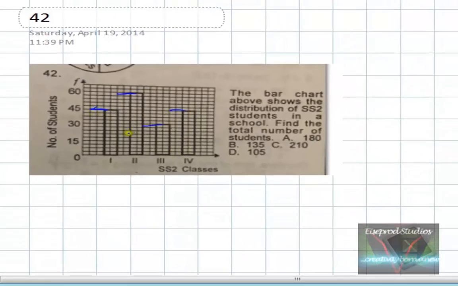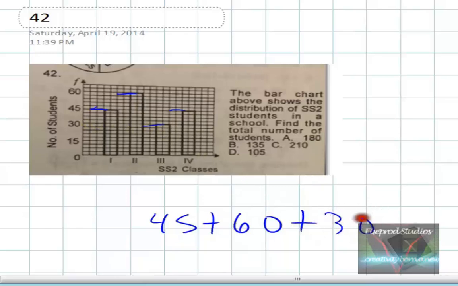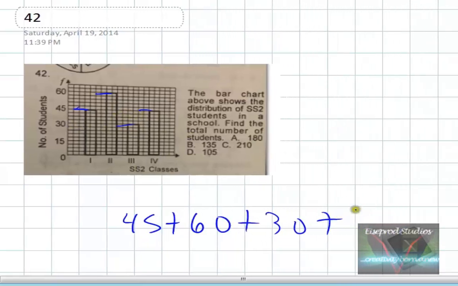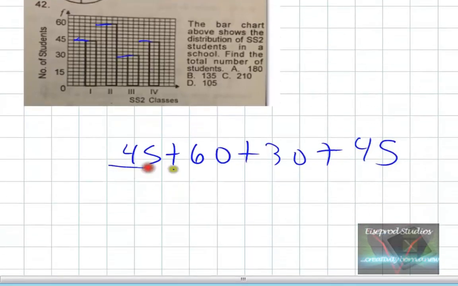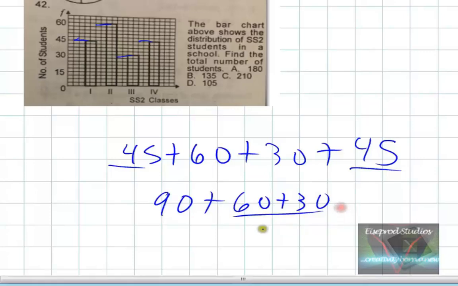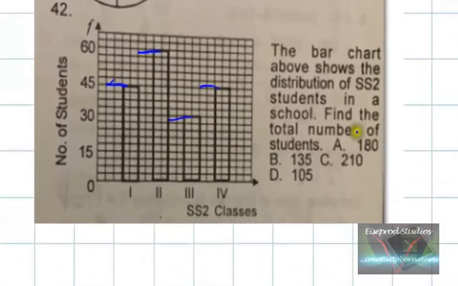So we're going to have 45 plus 60 plus 30 plus another 45. I'm going to group these two 45s together and make them 90. So 90 plus 60 plus 30. 60 and 30 makes another 90. So 90 plus 90 equals 180 students total.